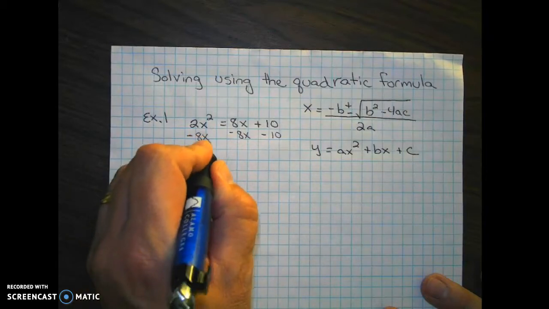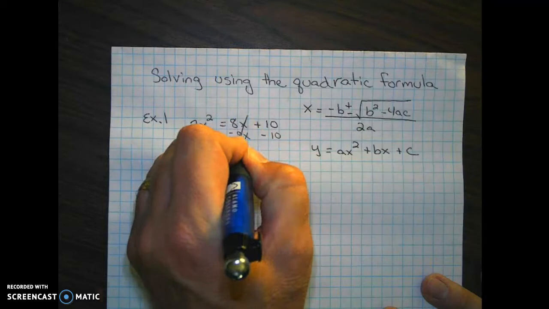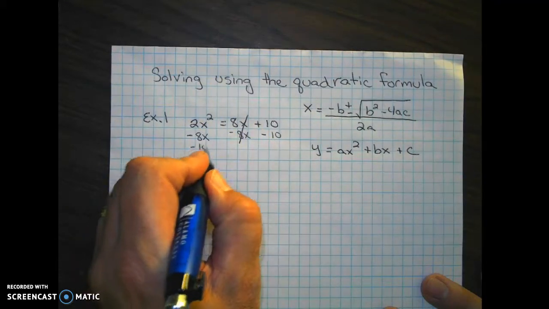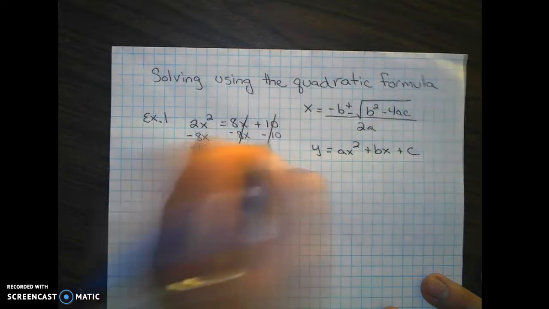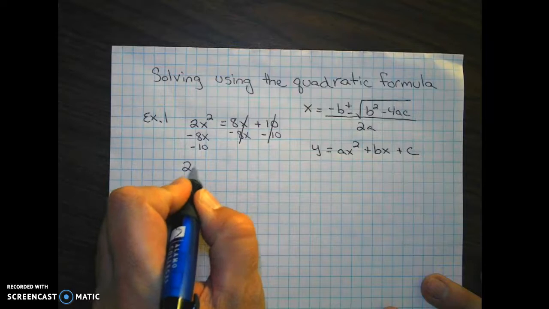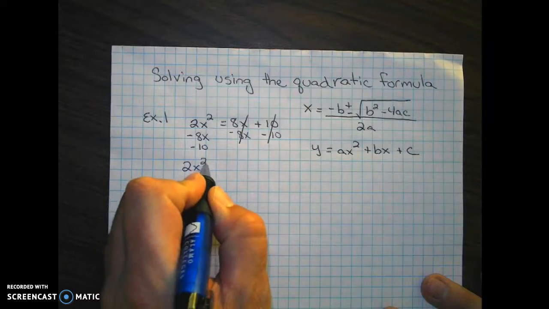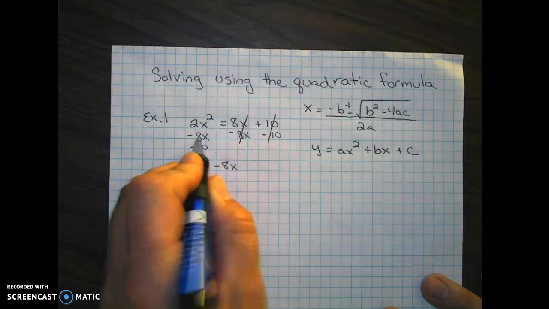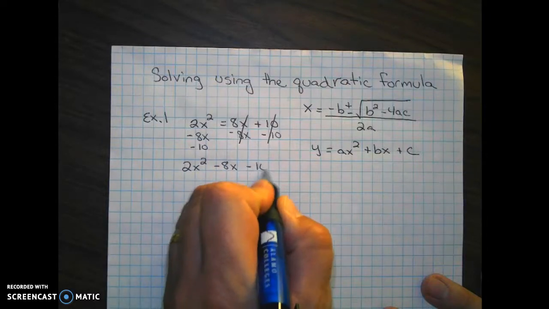So we subtracted the 8x to cancel that one out. We subtracted the 10 to cancel that one out. So now on the left side, we're left with 2x squared minus 8x minus 10.